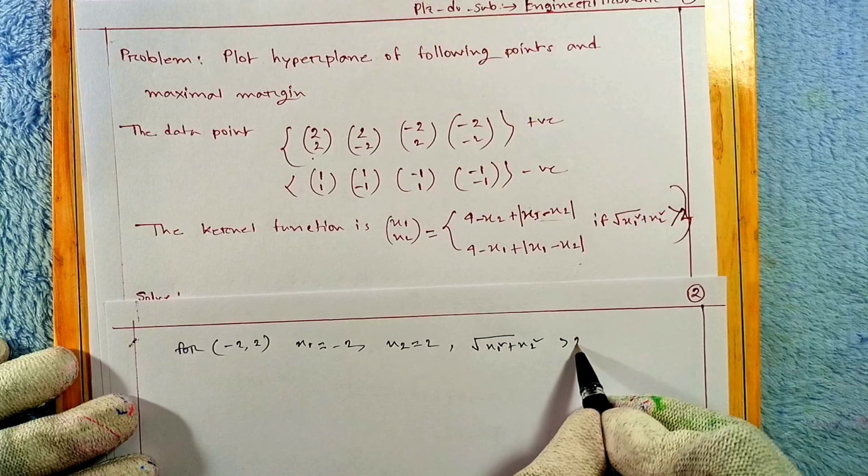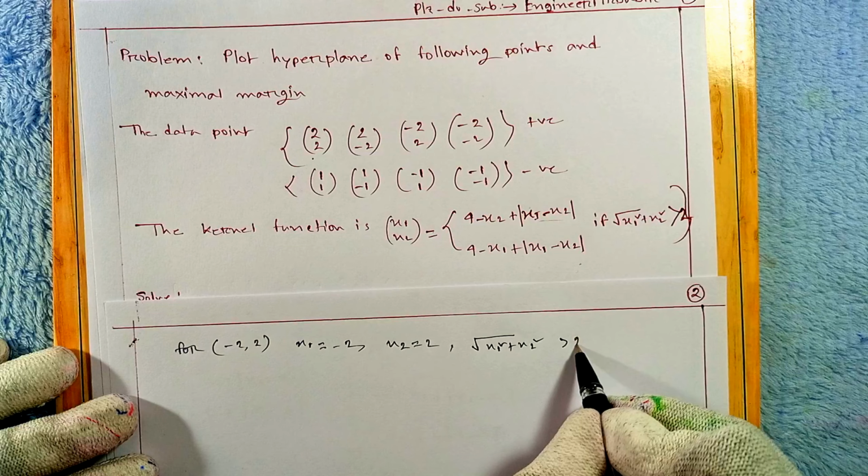How will we go to the higher dimension? Using this kernel function, at first we have to find the new point for every point using this function and this condition. So let's check for the point (2, 2).